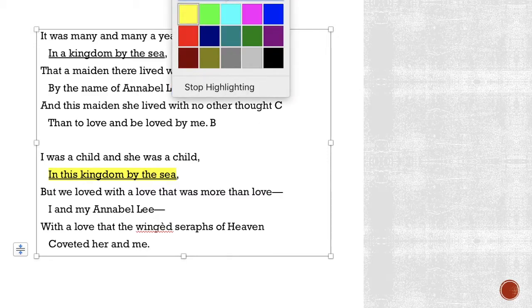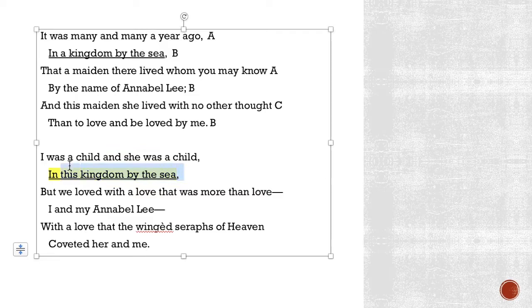Also, the title, Annabel Lee, is repeated a lot in this poem. So we're going to also highlight that. Okay, so here we see already a couple examples of repetition and an example of the sea, which is one of the features of romanticism.